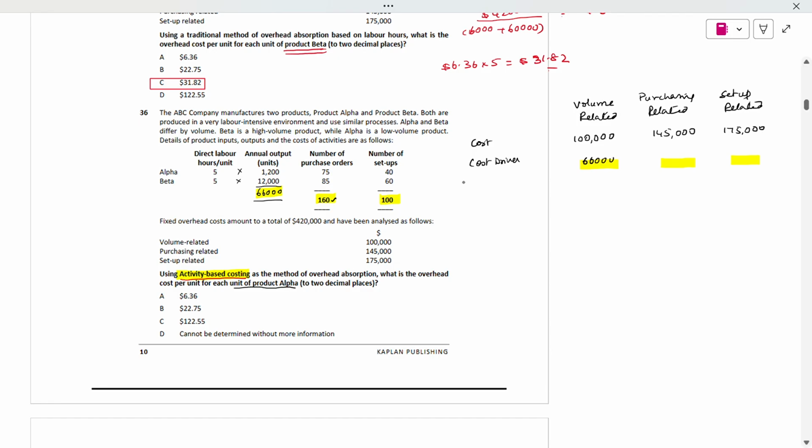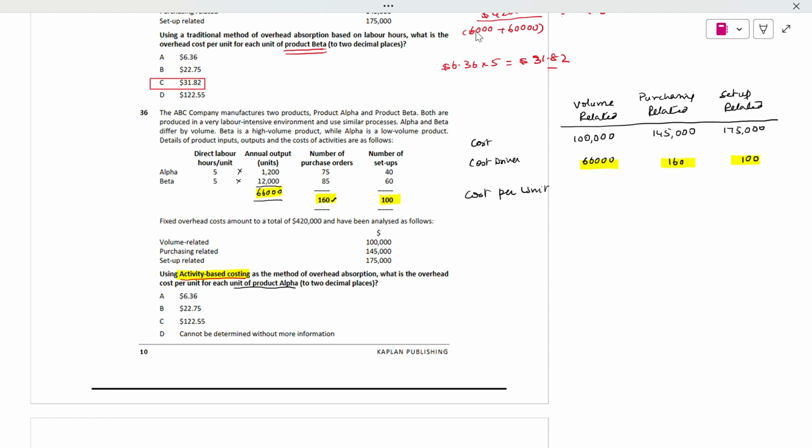66,000. How much is the cost driver? 160, purchase related. Setup related. How many setups are there? 100. Okay, now cost per unit.